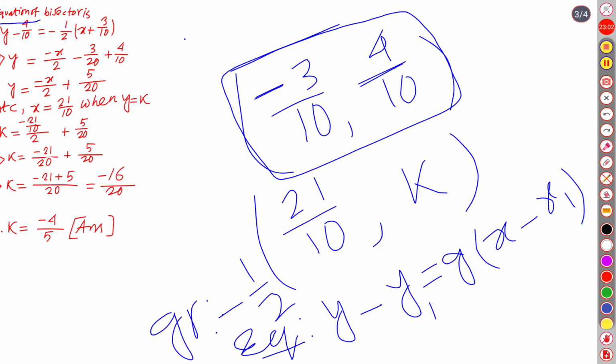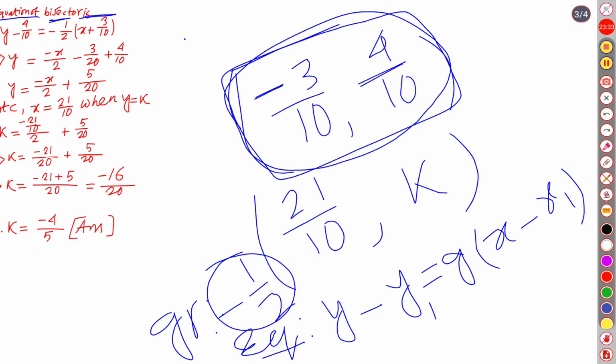So y minus 4 over 10 is equal to the gradient, negative half, which we already decided, times x minus the x coordinate. So x minus minus 3 means it's plus 3. Any of the coordinates can be taken if there is more than one.